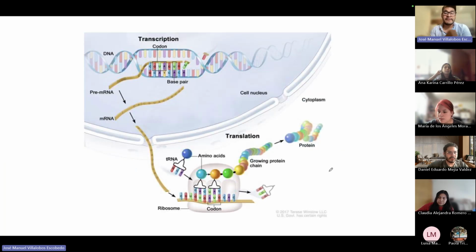This is just remembering a little bit about transcription. You know that transcription happens in the nucleus. This part is processed by RNA polymerase II, which processes all of the information here and produces RNA, a single chain.